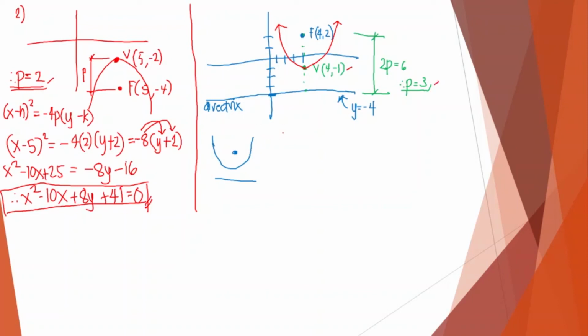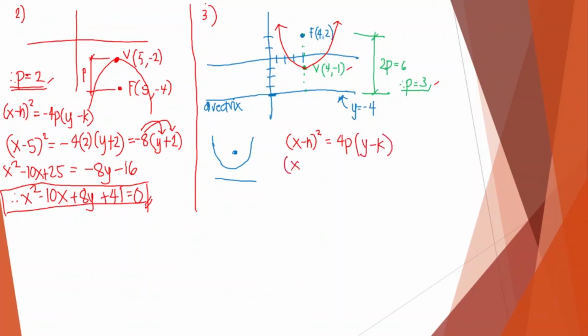From the equation, when our parabola is concave upward, we have (x - h)^2 = 4p(y - k).